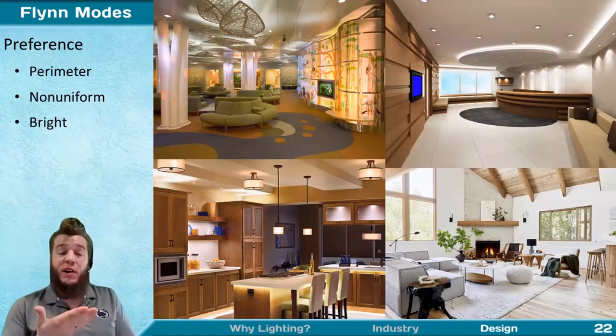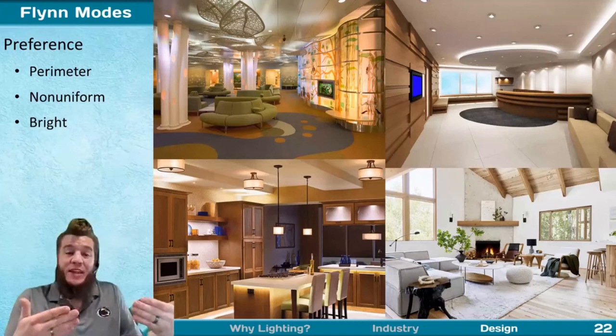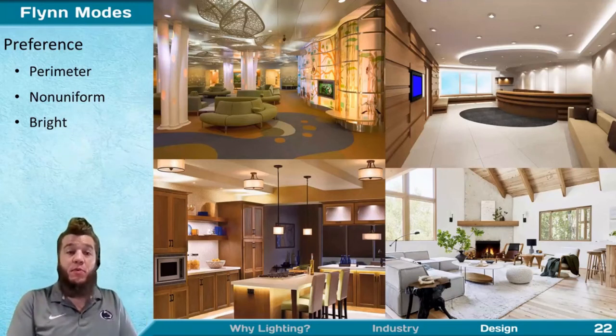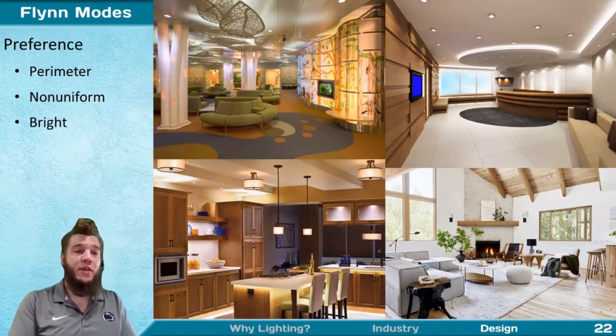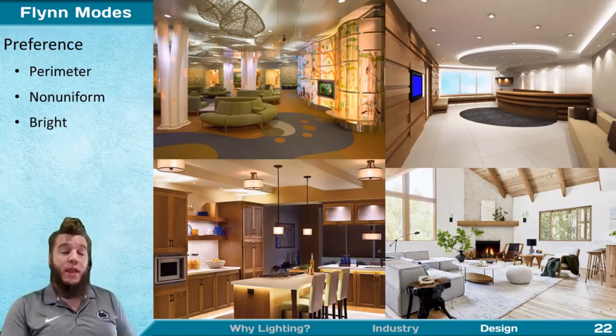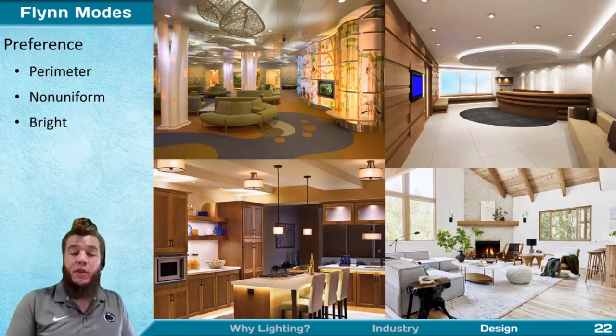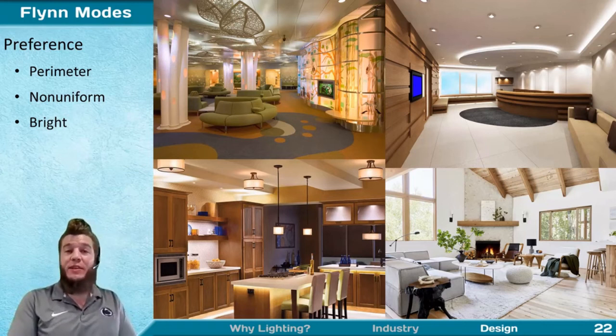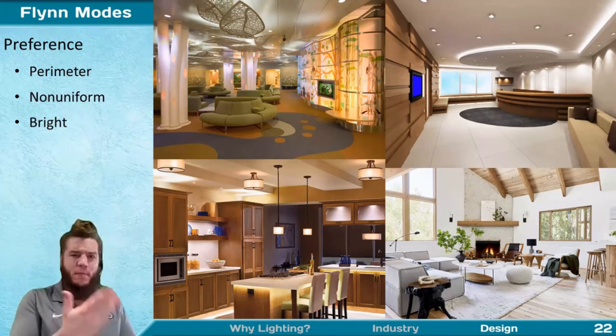So when we talk about preference and enhancing occupants' preference for an interior space, perimeter lighting is a great way to reinforce that. In fact, perimeter lighting in general is great. Most people really don't like being spotlighted. They don't like feeling like they're on stage. So perimeter lighting is going to come up again and again in these Flynn modes.